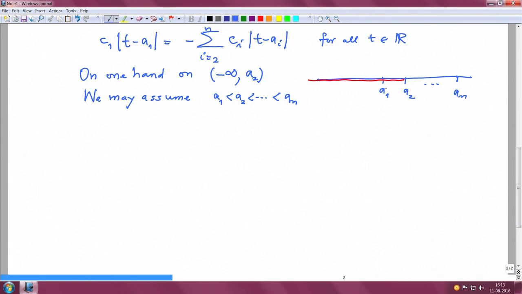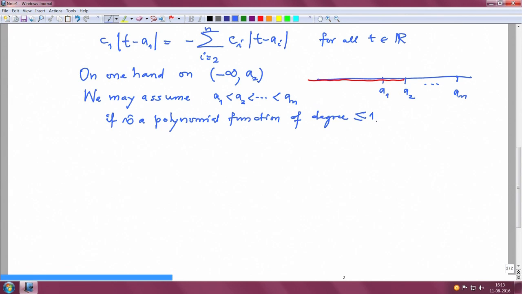On this interval, on one hand it is a polynomial function of degree less or equal to 1. And on the other side it is this function.